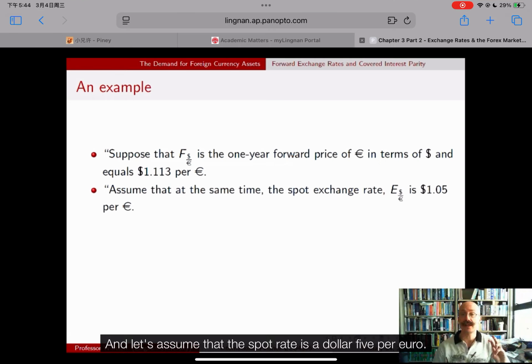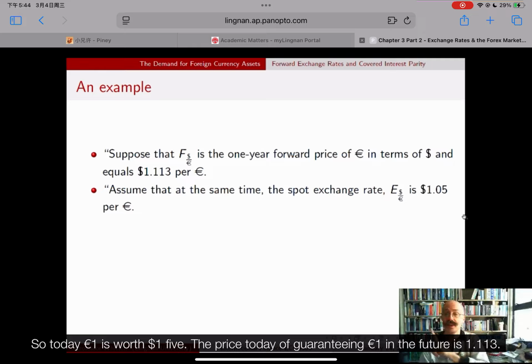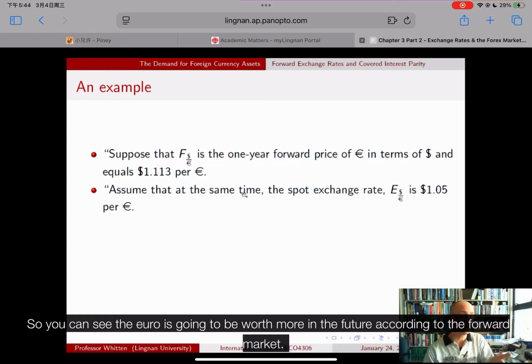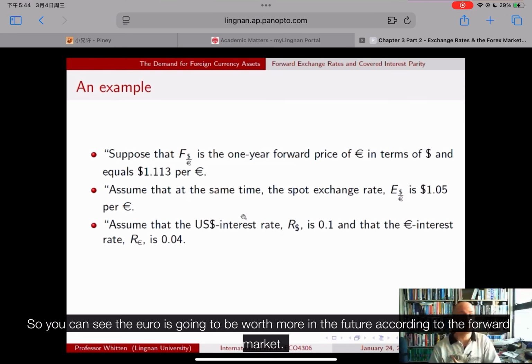And let's assume that the spot rate is $1.05 per euro. So today, €1 is worth $1.05. The price today of guaranteeing €1 in the future is 1.113. So you can see the euro is going to be worth more in the future according to the forward market.